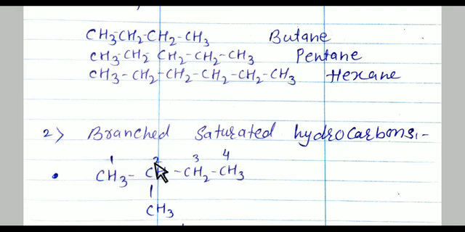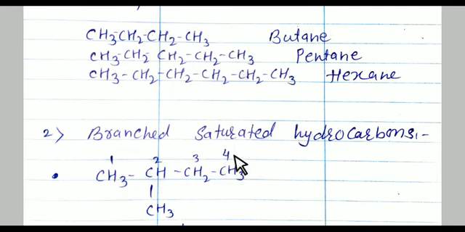Let's see here 1, 2, 3, 4. If I number it here 1, 2, 3, fewer carbons are included. Clear? We can number it in this way 1, 2, 3, 4 also, and you can number it straight 1, 2, 3, 4, which means more carbon atoms are included in the chain, the longest chain.